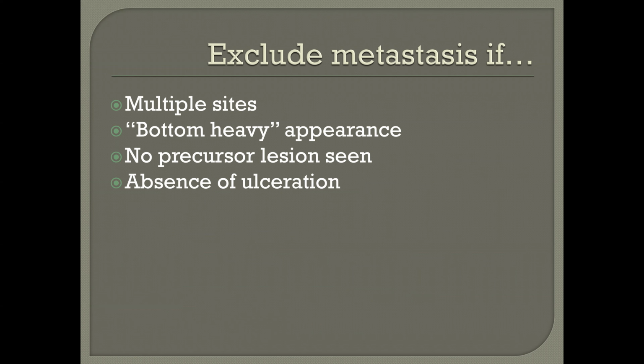In other words, is there more in the lamina propria and muscularis propria than there is in the mucosa? Well, that's more likely to be metastatic. Do we have a precursor lesion? Do we have an adenoma? Do we have in situ tumor? Do we have ulceration or not? And if we don't have a precursor lesion or ulceration, again, less likely to be primary neoplasia.